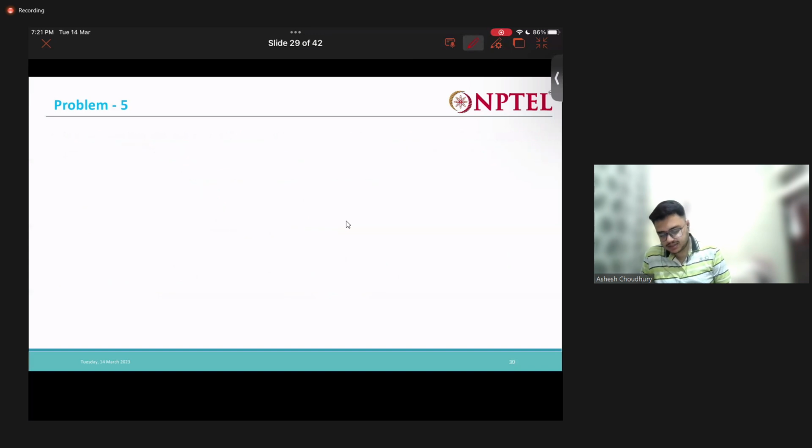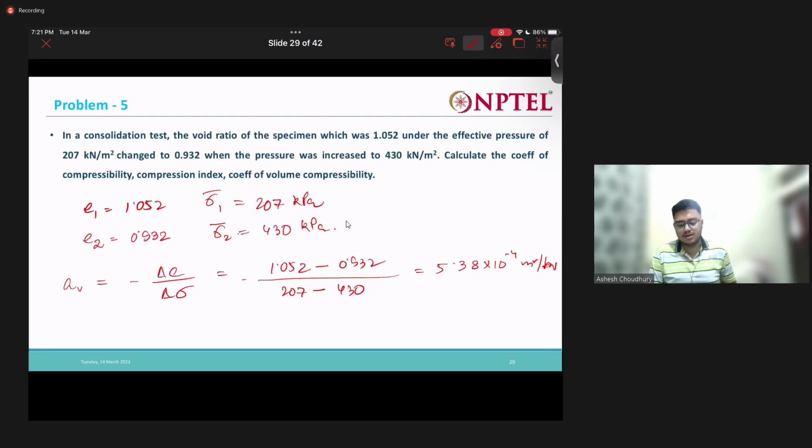Can you tell me what is compression index? Compression index is also a slope, right? Slope of which line? Before, we studied the coefficient of compressibility. The coefficient of compressibility is the slope of my e versus effective stress curve, right?